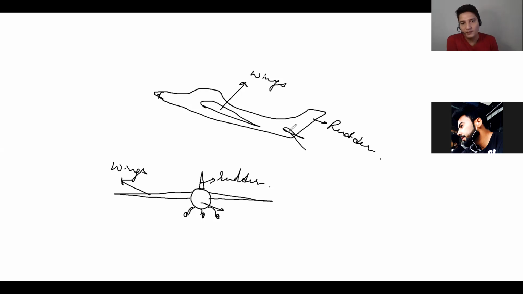Here, probably in future I'll draw elevators. And this is the cockpit, this part, and this is the fuselage, this is the engine, this is the nose. I'm sure you all can make out now what I'm trying to say.